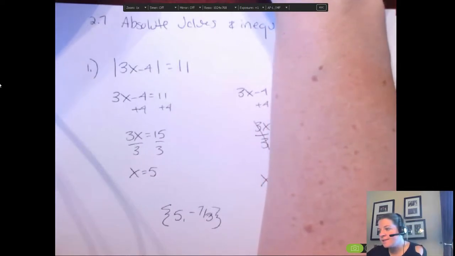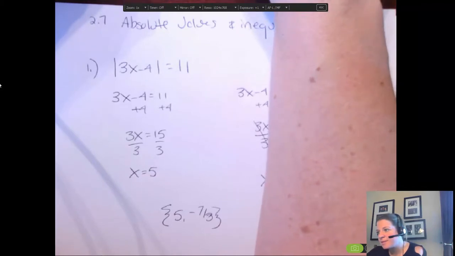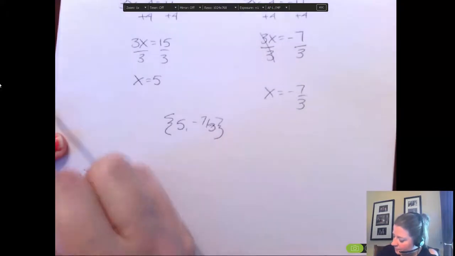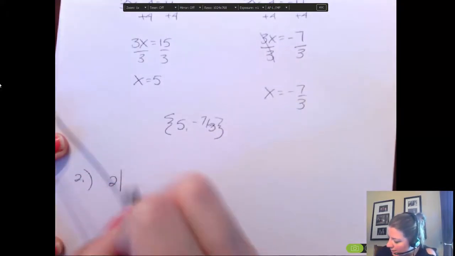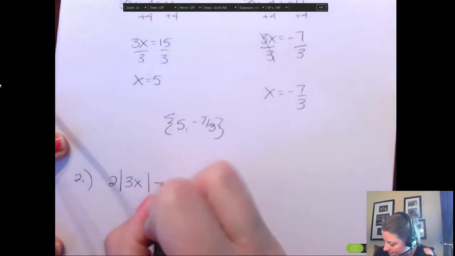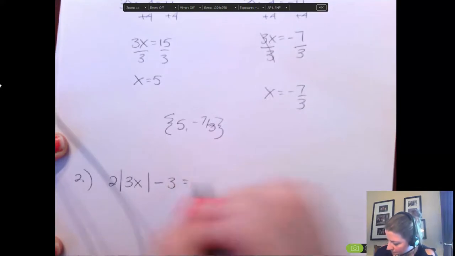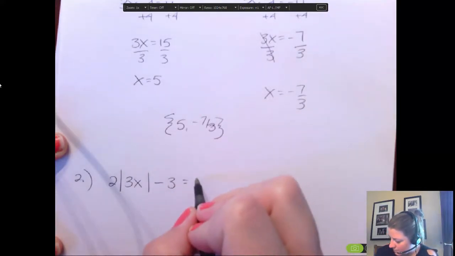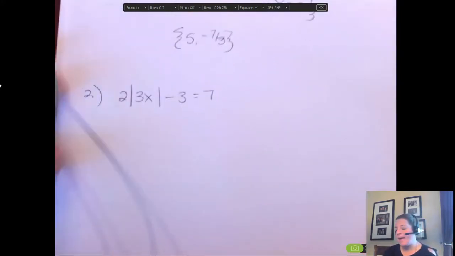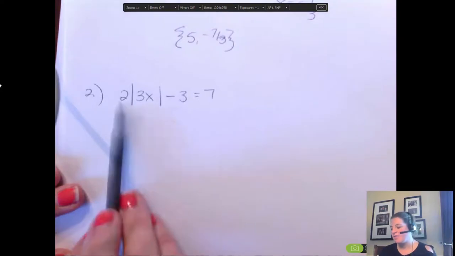All right, let's look at one that has a few more steps than that. What if we had something like this? Here's the absolute value, but there are numbers by it.